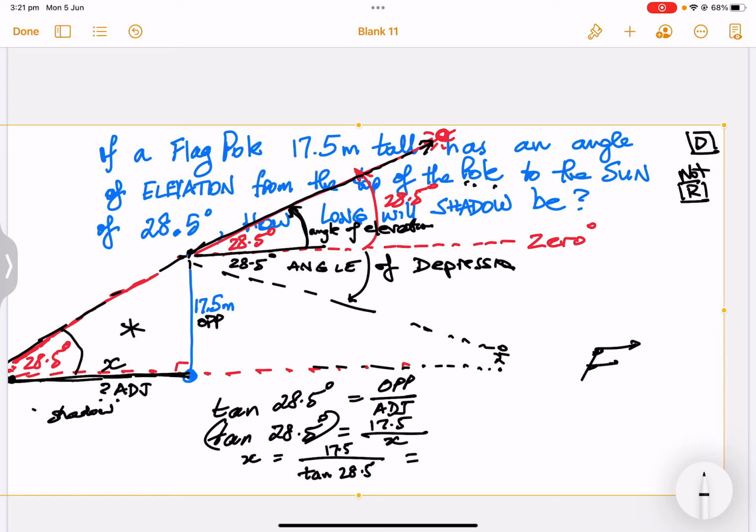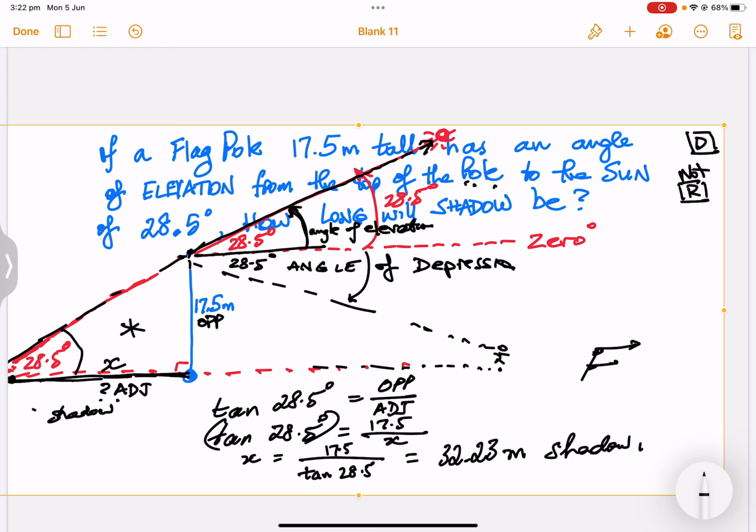You could put this in brackets, or you could just go tan of 28.5 degrees, and you get 32.23 meters shadow.